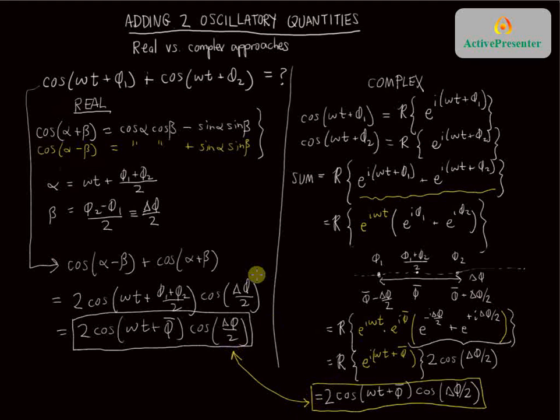So to summarize, you can solve this particular problem either way, but the advantage of going to complex notation and writing oscillatory terms as complex exponentials is that this oscillation omega t frequency can be factored out very naturally. Both terms oscillate at the same frequency. In optics, we would say these are two beams of the same wavelength. So we factor that out easily.